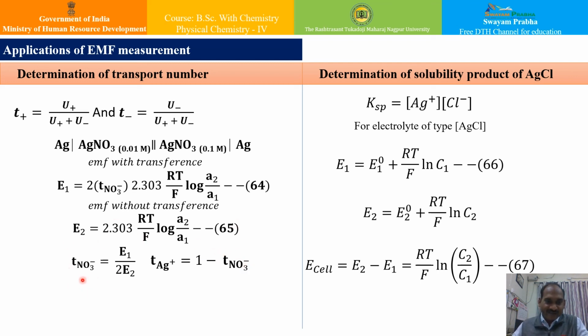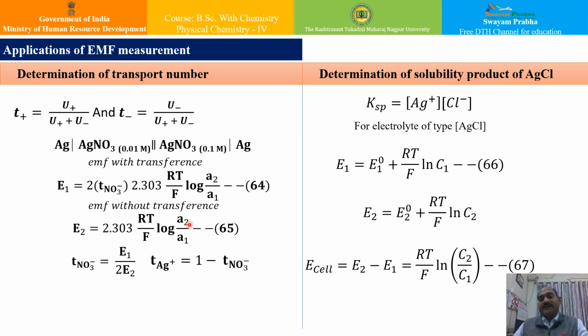So I have the transport number of anion in terms of the EMF, and from it I can find the transport number of cation, that is 1 minus the transport number of anion. Using the values of E1 and E2, I can calculate the transport number of anion, and from it the transport number of cation as well. So this is how I can determine the transport number using EMF measurements.